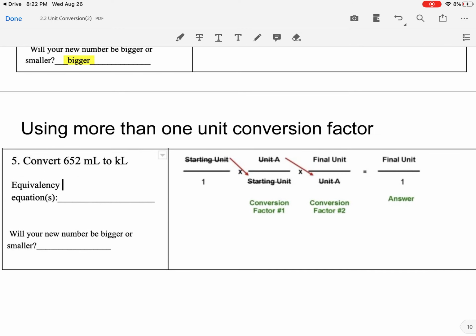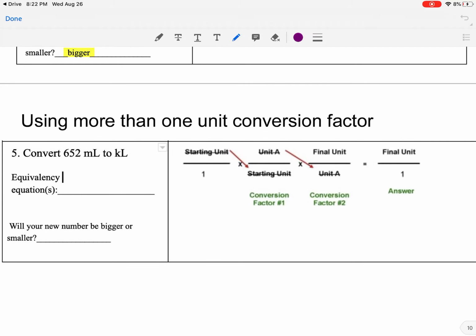Sometimes we need to use more than one unit conversion factor. That's when the fun really gets going. Let's practice converting from milliliters to kiloliters. I don't have an equation that tells me exactly how many milliliters are in a kiloliter, but I do have 2 equations.